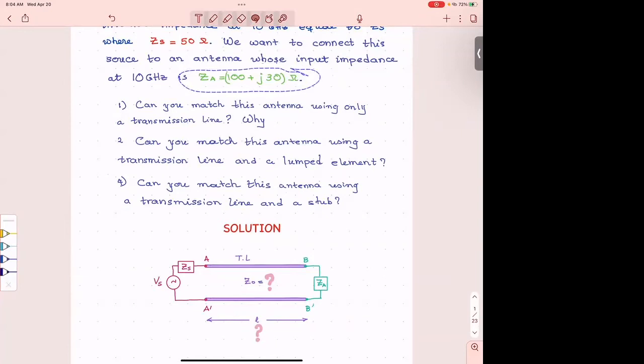Now, when we use the word in distributed circuits, all right, when we use the word lumped element, we mean R, a resistor, a capacitor, or an inductor. Because we call them lumped elements as opposed to distributed elements, which is the transmission line. All right.